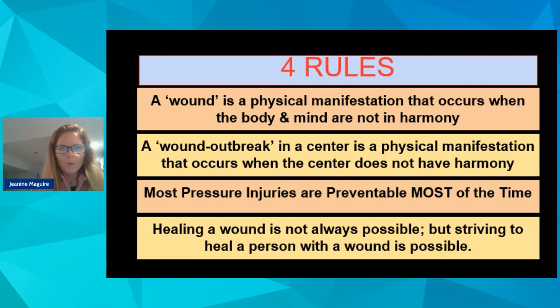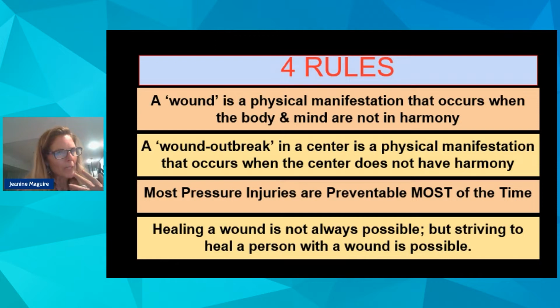So some ground rules before we jump into this idea of skin health and a universal model. Four rules. Number 1, a wound is a physical manifestation that occurs when the body and the mind are not in harmony, so when you're not in the state of homeostasis. A wound outbreak in a center is a physical manifestation that occurs when that center, that facility, is not in harmony or homeostasis or health.